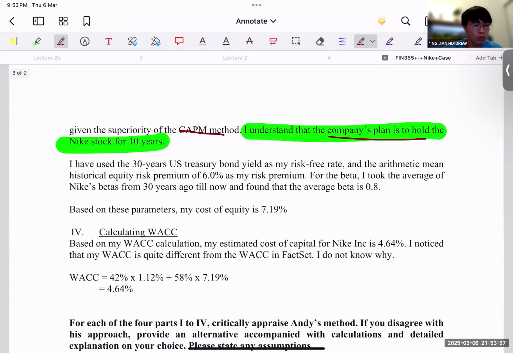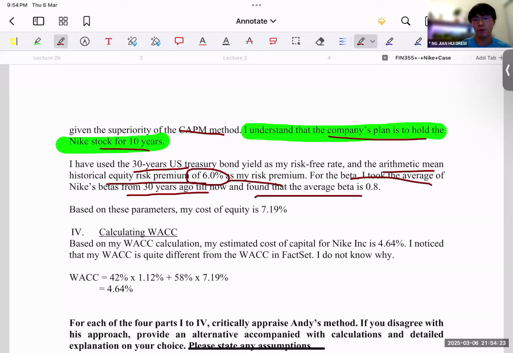Understand the company plans to hold the stock for 10 years. So because the company holds the stock for 10 years, I have used the 30-year US Treasury bond yield as my risk-free rate, the arithmetic mean for historical equity risk premium of 6% as my risk premium. And for the beta, I took the average beta for the last 30 years and found the average beta at 0.8.